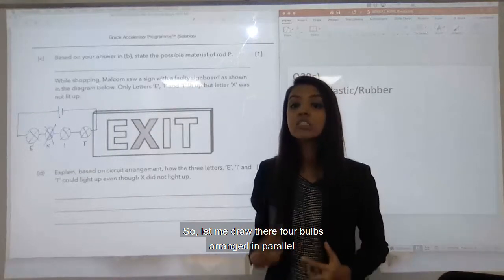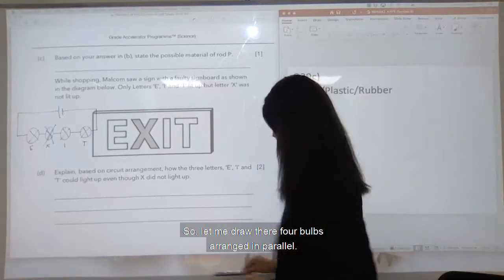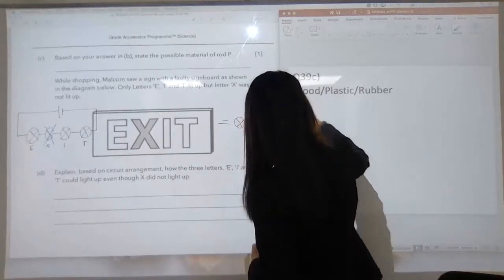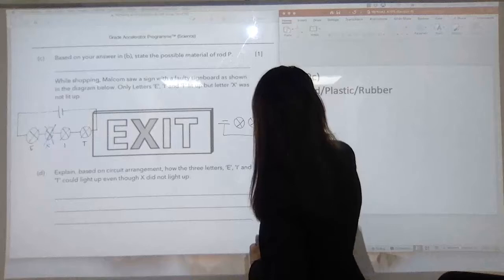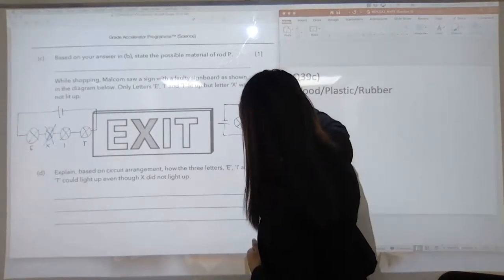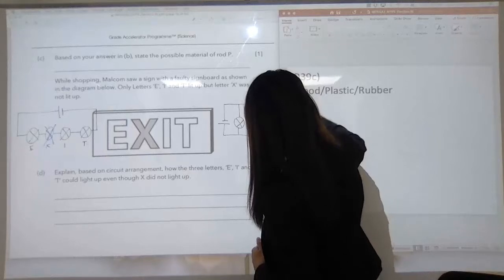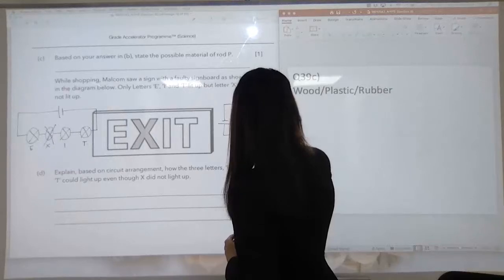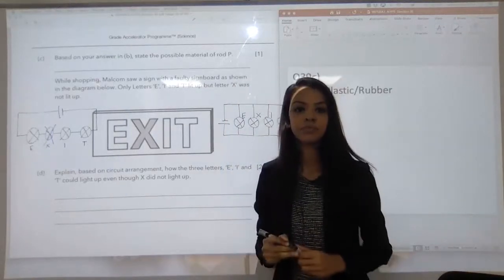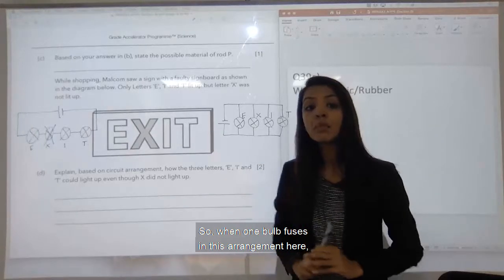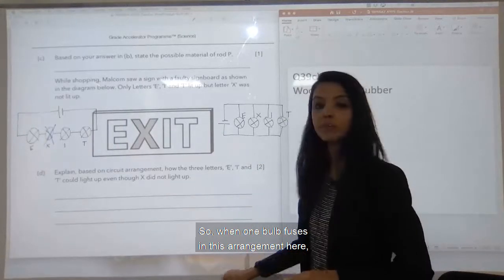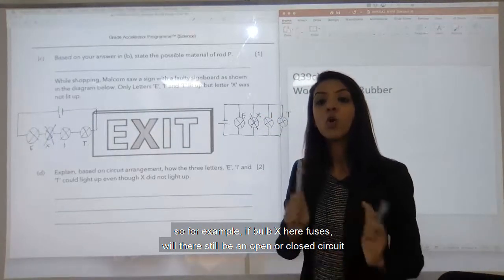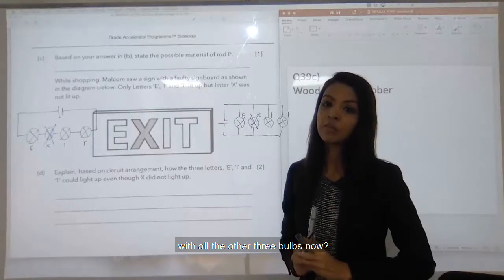So let me draw these 4 bulbs arranged in parallel. So when one bulb fuses in this arrangement here, for example, if bulb X here fuses, will there still be an open or closed circuit with all the other 3 bulbs now?